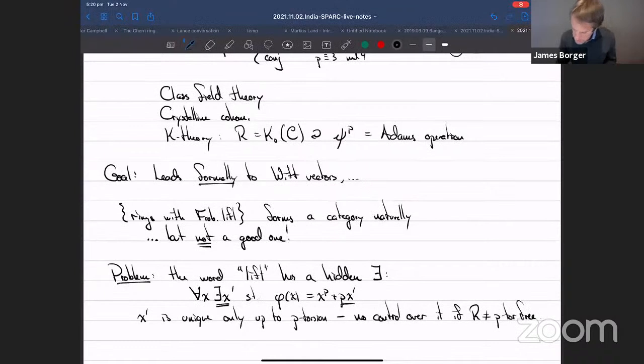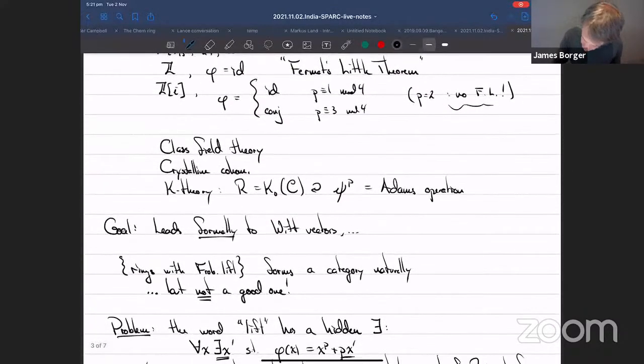So all the examples I gave above, at least the explicit ones, were examples where the ring was p-torsion free. But certainly you don't have to have rings with a Frobenius lift which are p-torsion free. Maybe I should have given you another one here. Another example would be any F_p-algebra.